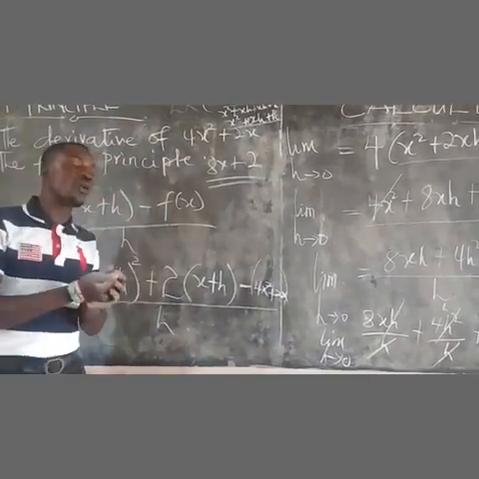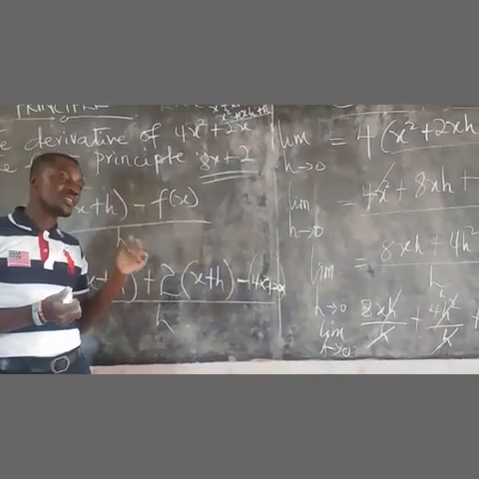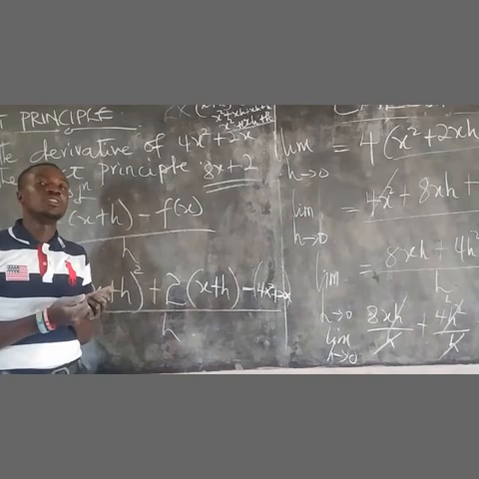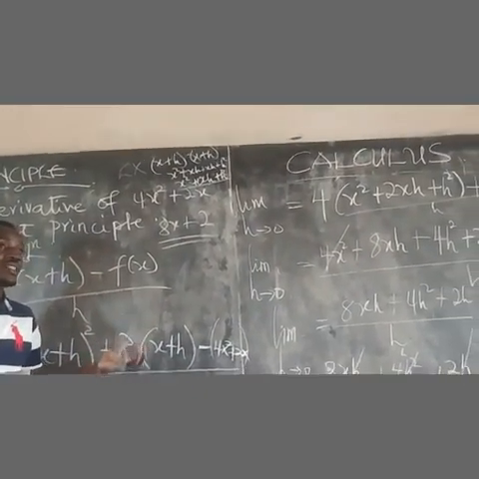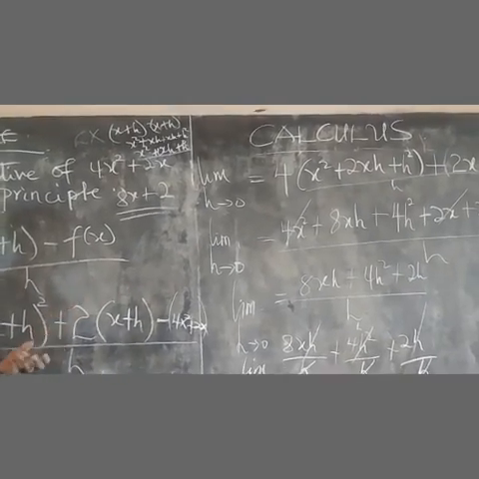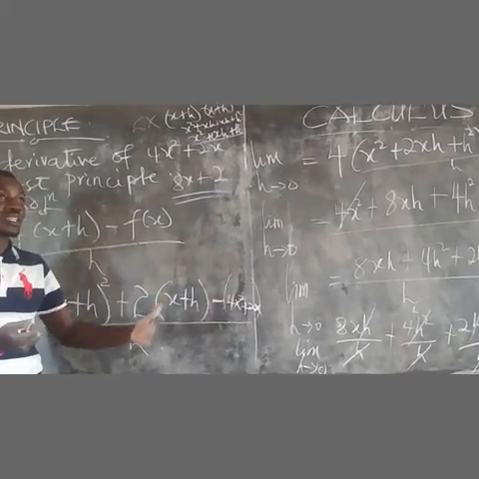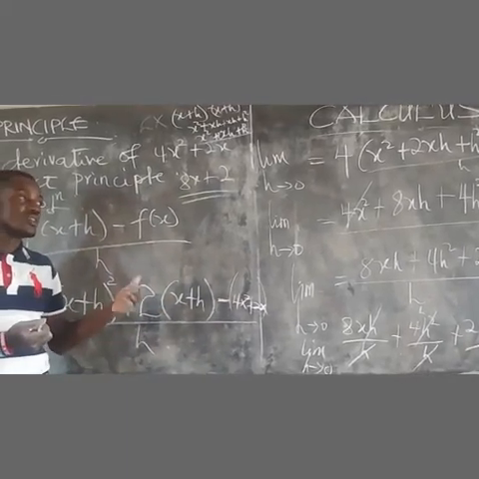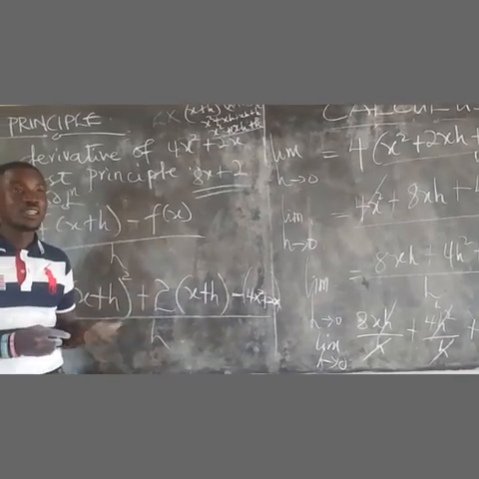So that is that for the first principle. So we've already established the basis of differentiation, and you have solved questions for differentiating using the first principle. Please make sure you solve questions using the first principle. So let me leave you with this exercise.